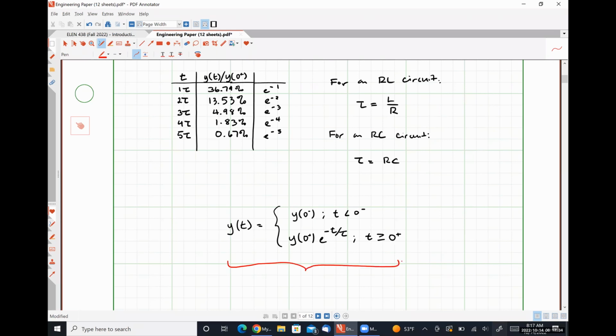This relationship is what's called the natural response of a first order circuit system.